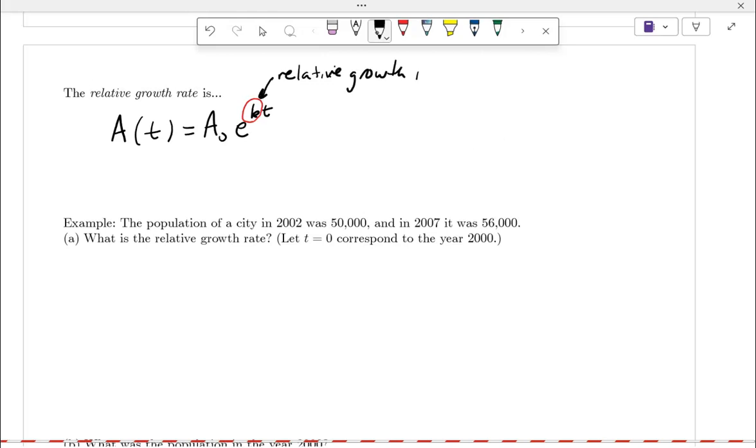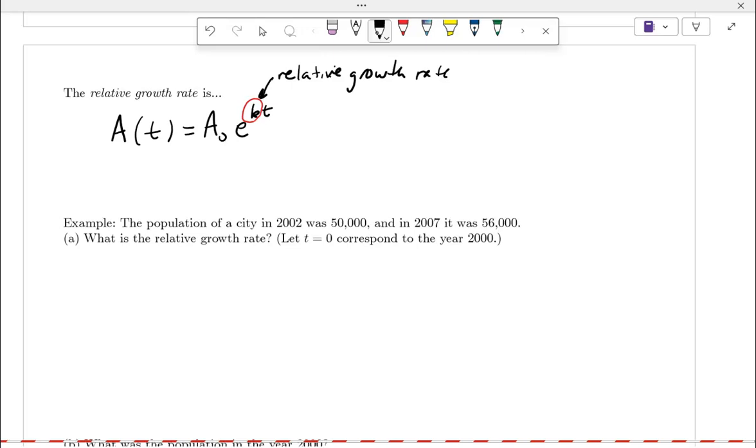If you do anything with science, when you think of something as being a relative rate, you think about change divided by amount. So maybe you do a percent error kind of idea. You do your observed minus true value and then divide by the true value, which gives you a relative error, right?